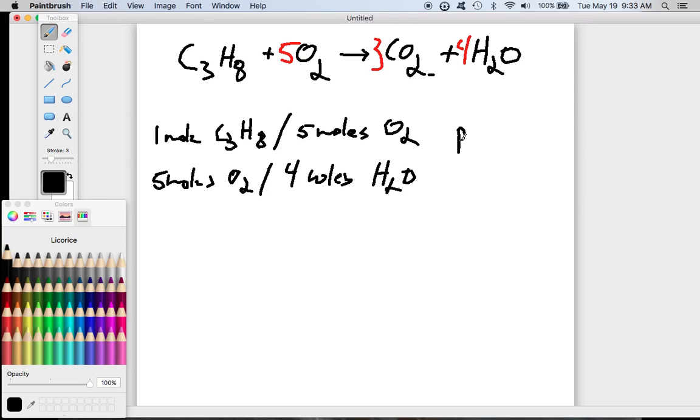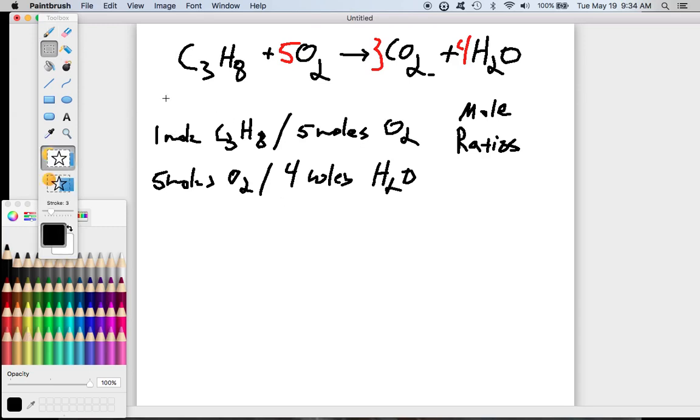So these things here, these are the mole ratios. You just look at any 2 of these things and ask, what's the relationship between them? Well, to make 3 of these, I need 5 of those. If I make 3 of these, I'll make 4 of those too, et cetera. So that's the concept of a mole ratio.